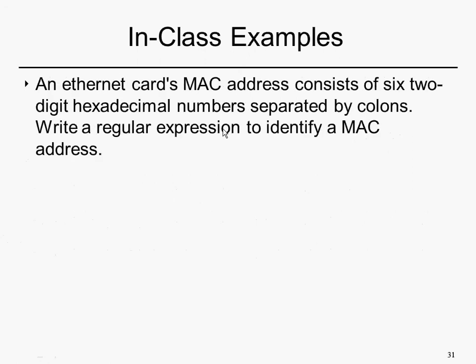Okay, but let's look at something that is somewhat more textual. So here we have a set of hexadecimal numbers separated by colons. So 6 hexadecimal numbers. These are 2-digit hexadecimal numbers. What's a hexadecimal digit like?